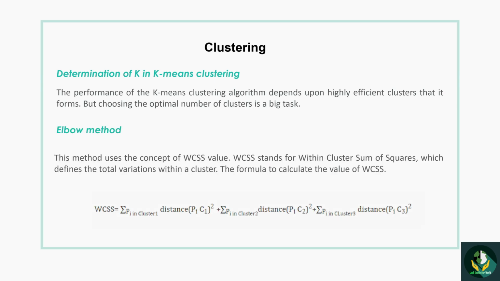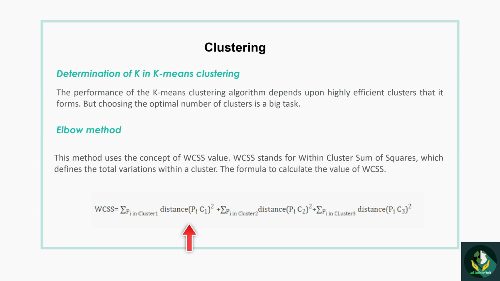The elbow method is one of the most popular ways to find the optimal number of clusters. As you can see in the formula below, we have the sum of the distances between each data point and its centroid, squared, all within cluster 1.